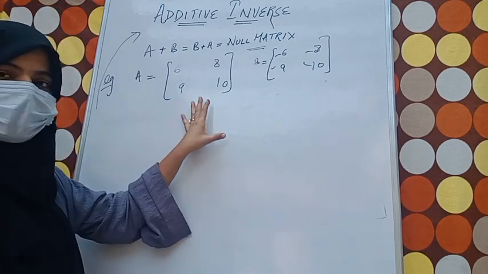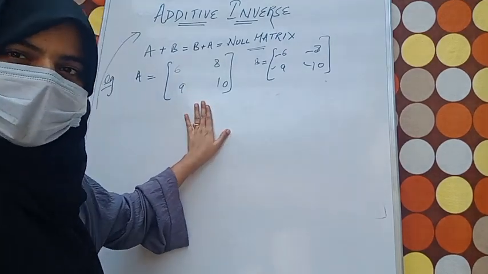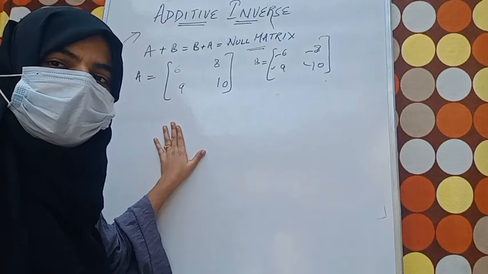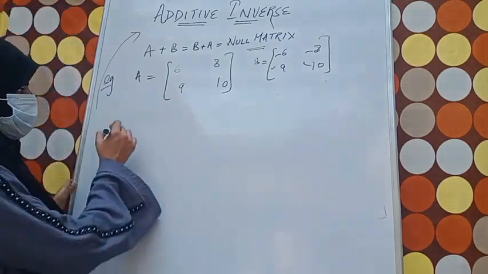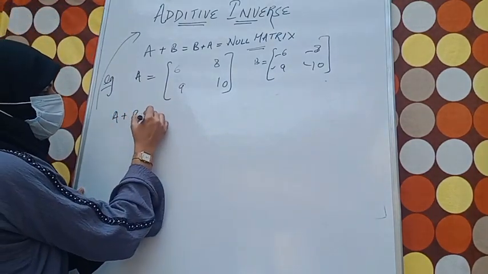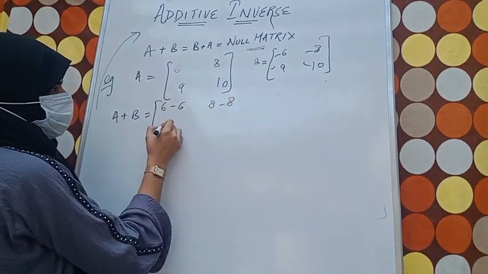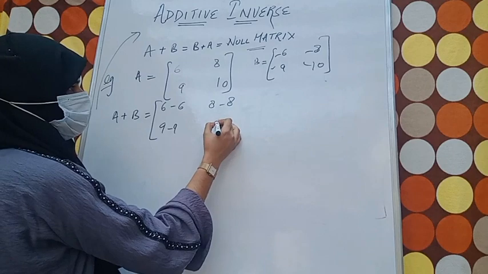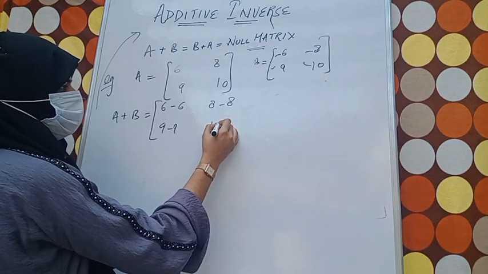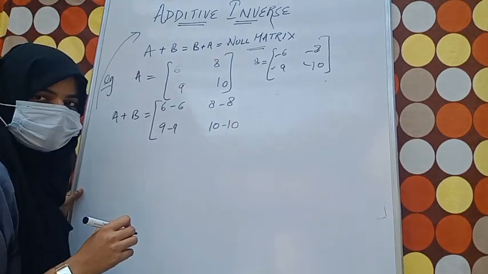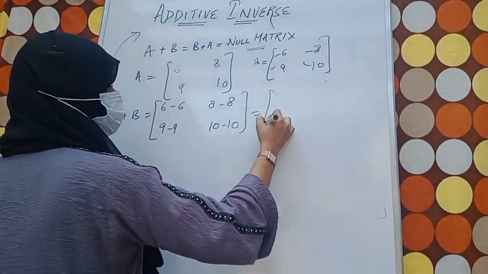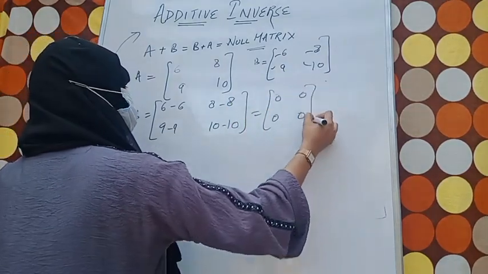We have two different matrices, A and B, and we can see the elements are the same. Now let's find A plus B. When we do A plus B, 6 minus 6, 8 minus 8, 9 minus 9 and 10 minus 10. What happens? It will become the null matrix, of course, 0.